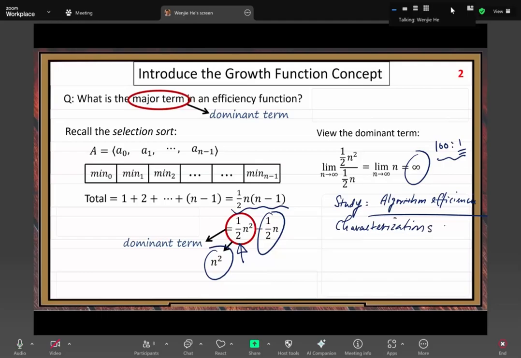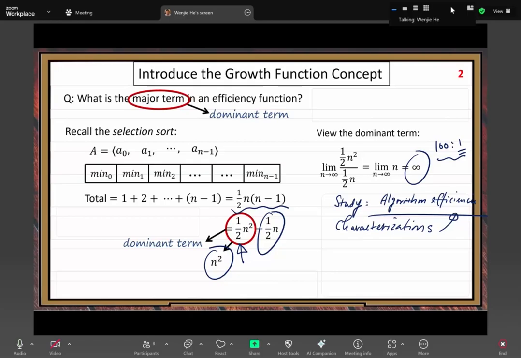Characterizations on those efficiency functions. Categories. How do we use different categories to represent all those functions? So we want to define the categories in some good way.